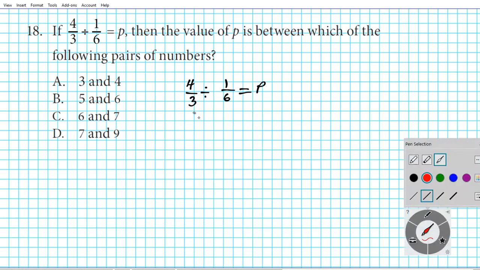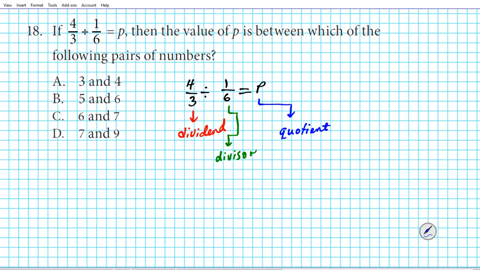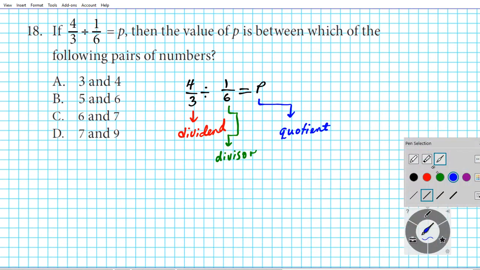This 4/3 is your dividend. 1/6 is known as your divisor. What you're dividing by. And the final result, P in this case, is your quotient. Some important terminologies to keep in mind when you're advancing to higher level mathematics.